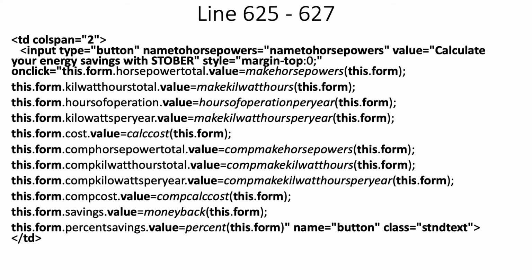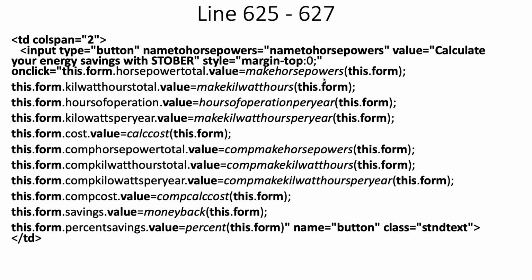But you can see that it says there is an input type button, and on the advent of onClick, we're going to file this form, a horsepower total.value. So we're setting the value of horsepower total equal to a function, makeHorsepower.